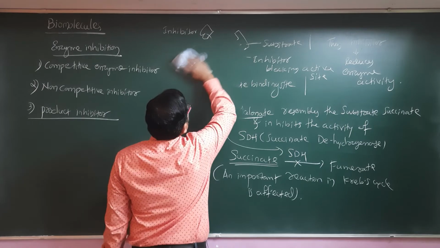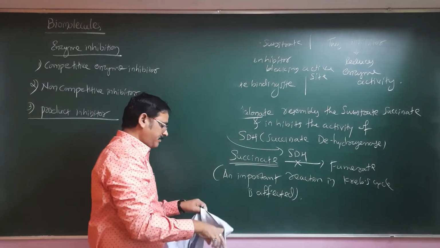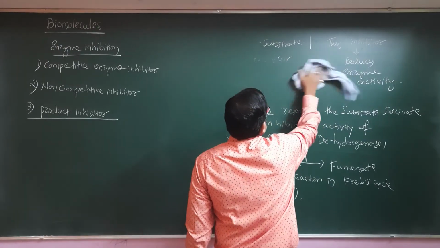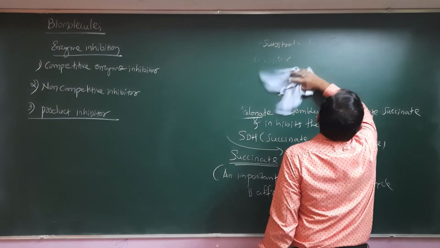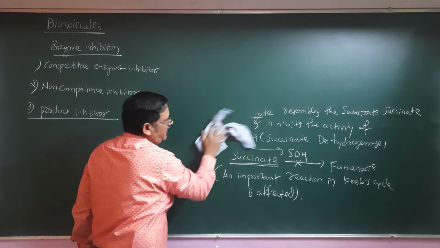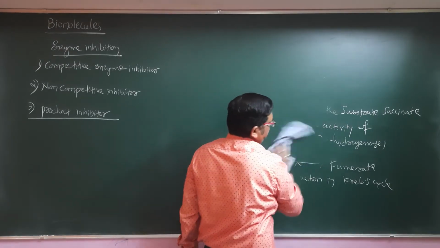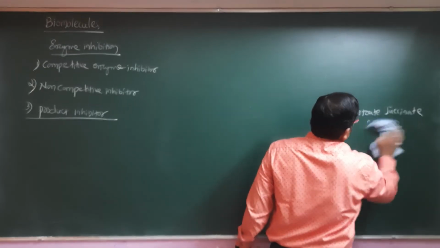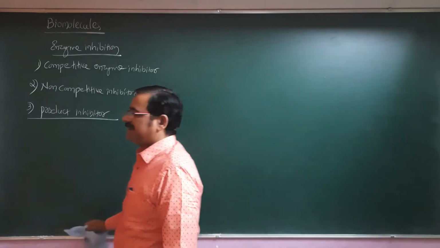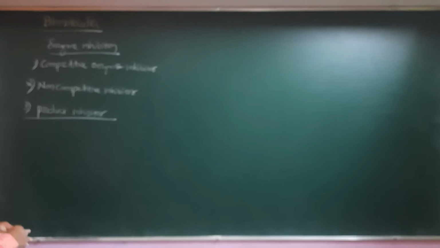In non-competitive inhibition, the inhibitor is not at all competing with the substrate, but it is damaging the enzyme very badly and altering its structure, so that the enzyme will not be available to react. So it is damaging, denaturing or altering the structure of the enzyme. That is what we talk about mainly. Yes, non-competitive inhibition.